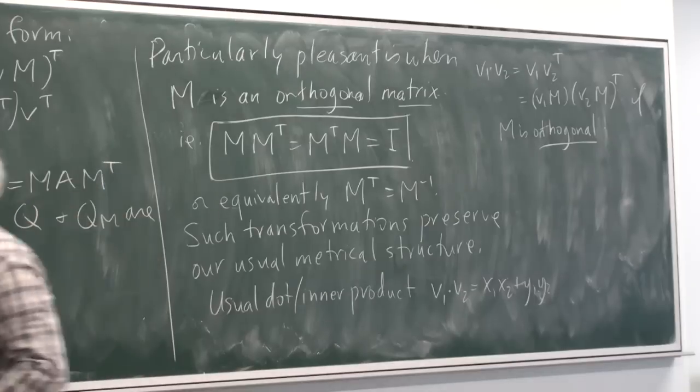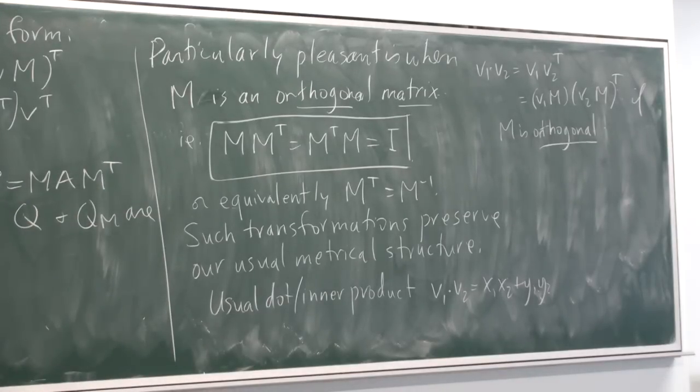What do orthogonal matrices look like in 2 dimensions? Not too hard to give some examples.